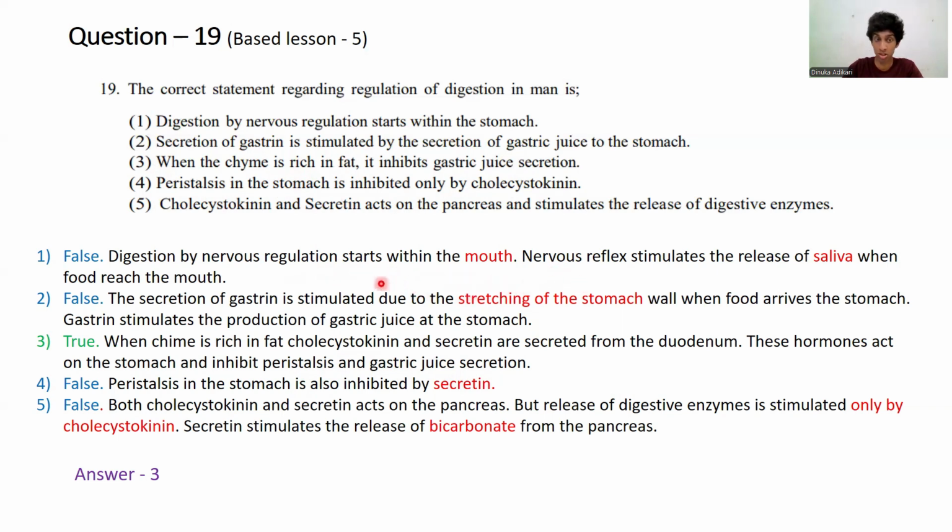No, that's false because cholecystokinin and secretin acts on the pancreas, but the release of digestive enzymes is stimulated only by cholecystokinin, and secretin stimulates the release of bicarbonate ions from the pancreas. Therefore, statement 5 is false. So, the correct statement is the third one. So, the correct answer is 3.